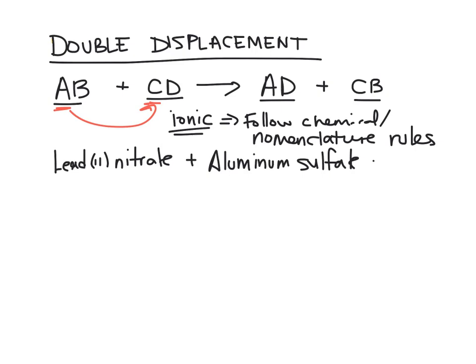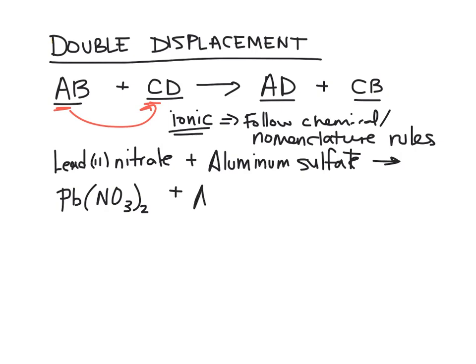Okay, so, and then you're going to say, oh, well, what gets produced? Well, lead 2 nitrate, so that would be Pb(NO3)2, right? Because there's two, lead has a charge of +2, nitrate has a charge of -1. Aluminum sulfate, well, aluminum has a charge of +3, sulfate is -2.